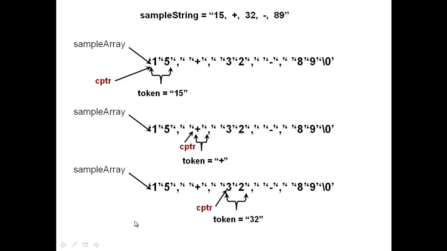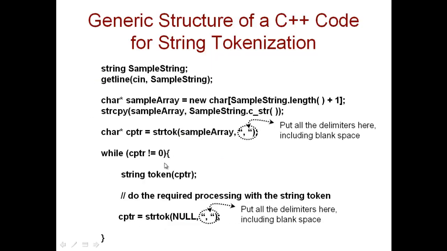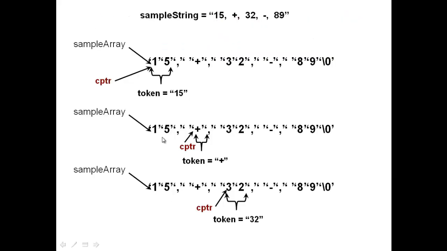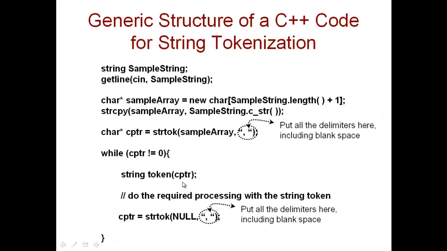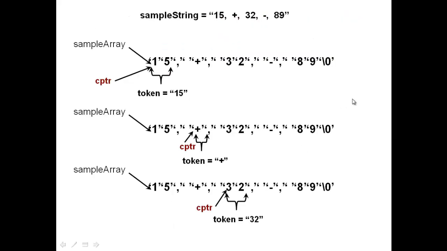Because the CPTR will be automatically, as part of this statement, moved to the next CPTR once you extract the token. So how long you want to keep moving until you see this? So this is the null character. So you want to keep moving the string until you see the null character.